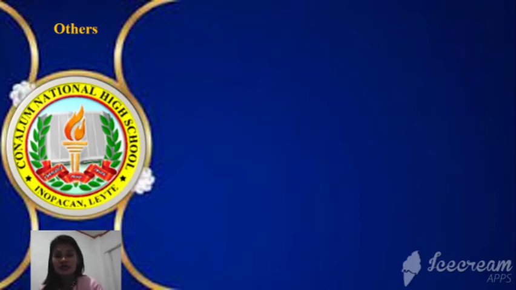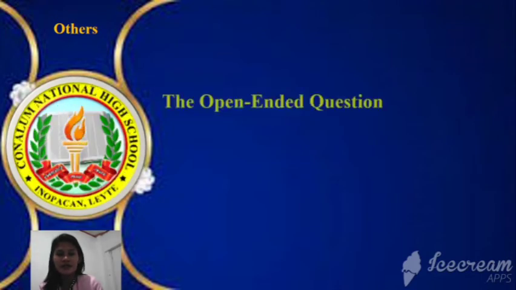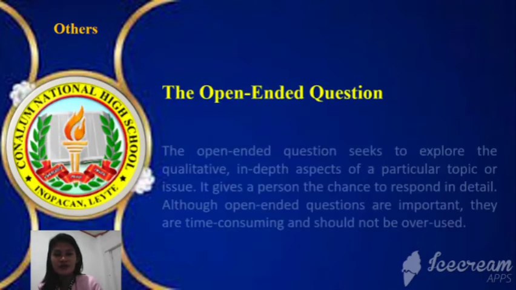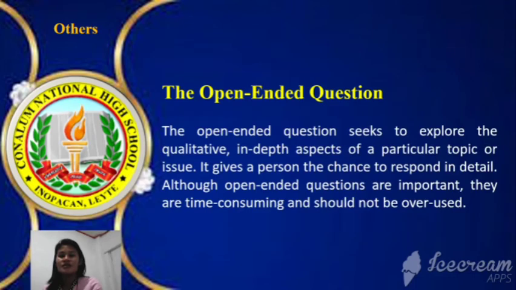Okay, aside from the specified research tools, there are also other research tools used in research studies. The additional one is the open-ended question. An open-ended question seeks to explore the qualitative, in-depth aspects of a particular topic or issue. It gives a person a chance to respond in detail. Although open-ended questions are important, they are time-consuming and should not be overused. When you say open-ended question, you throw a question and the respondents will give multiple answers if he or she wants.